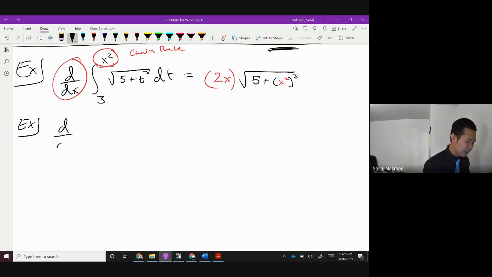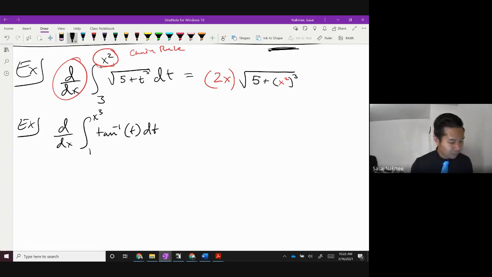So let's say I have here d dx of the integral from 1 to x cubed of the inverse tangent of t dt. Again, I have no clue what the antiderivative of the inverse tangent is. I know the derivative of inverse tangent, but I have no idea what the antiderivative is.